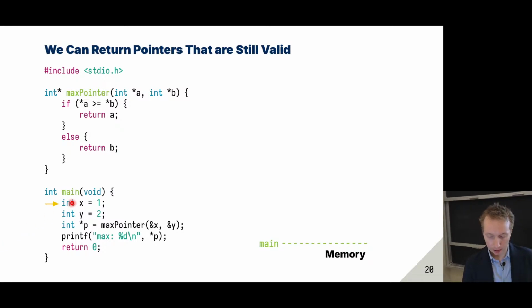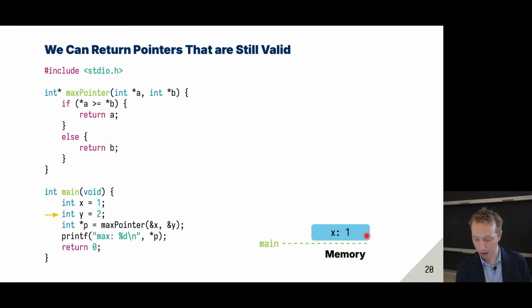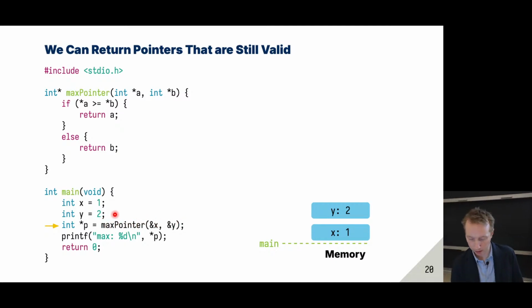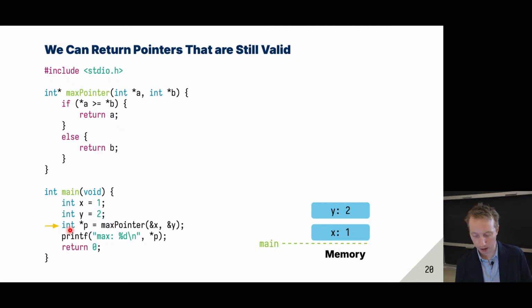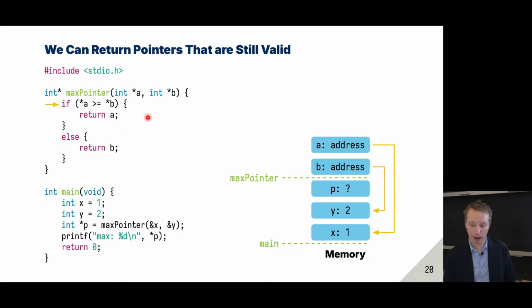So in main, I declare int x and assign it the value 1. In memory, it would look like this. Then we have a y, and we give it the value 2. And then we call max pointer. That is a function call. Also, we declare a pointer to an int called p, so we'd reserve some space for p, do the function call, and well, it's copied by value.